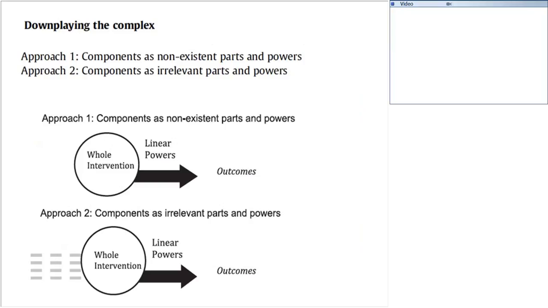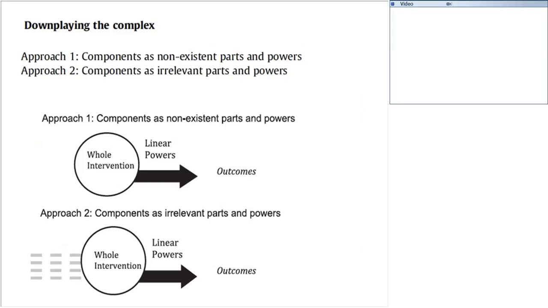And our analysis showed that people who say they are talking about components in complex interventions may be referring to one of seven different things. They may be referring to components as non-existent parts and powers, or they may be referring to components as irrelevant parts and powers. Viewing interventions as simple wholes that have simple powers that may or may not lead to changes in outcomes.